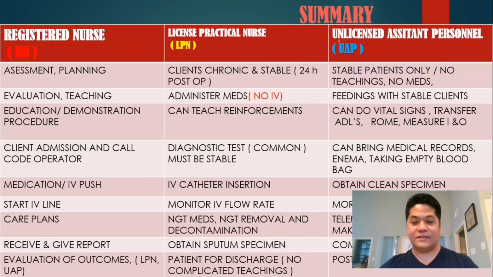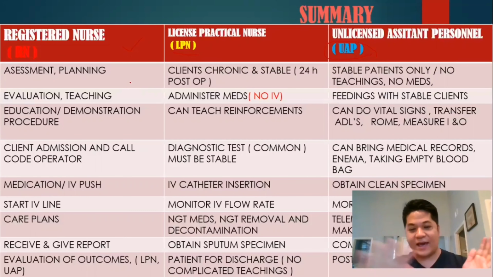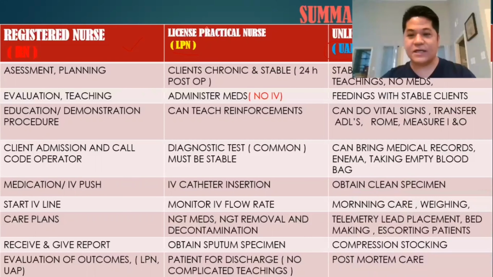Now, this is the summary of what I have talked about for the RN, the LPN, and the UAP. Especially for the registered nurse, remember they are the ones for assessment, planning, teaching, educating the client, demonstrating, giving medications, and care plans. For the LPN, of course, chronic and stable clients, they can give medication but not IV.